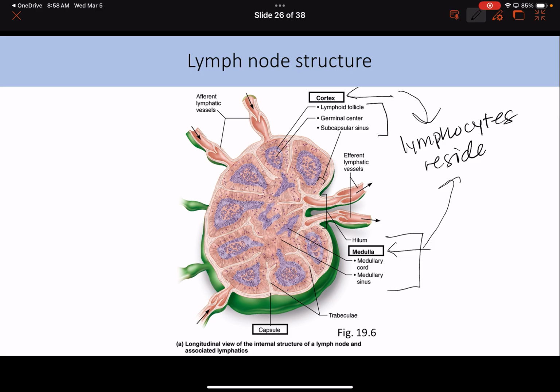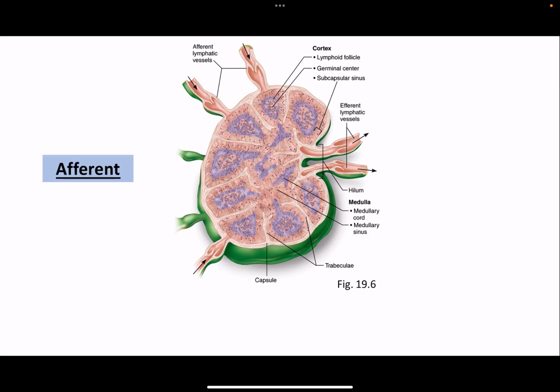They are bean shaped, and they're only about an inch in size, 2.5 centimeters, so not very big at all. What you really should know about, and what I will ask you about, is the function. There is an afferent side where fluid comes into the lymph node, and an efferent side where fluid leaves. So afferent coming in, efferent going out.